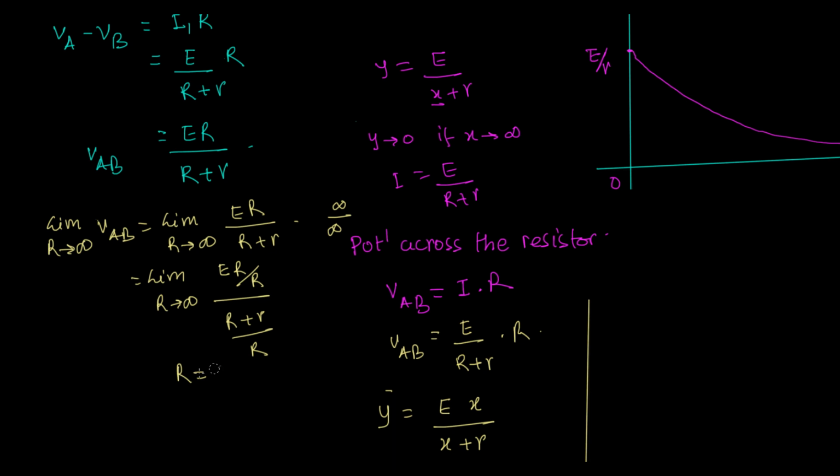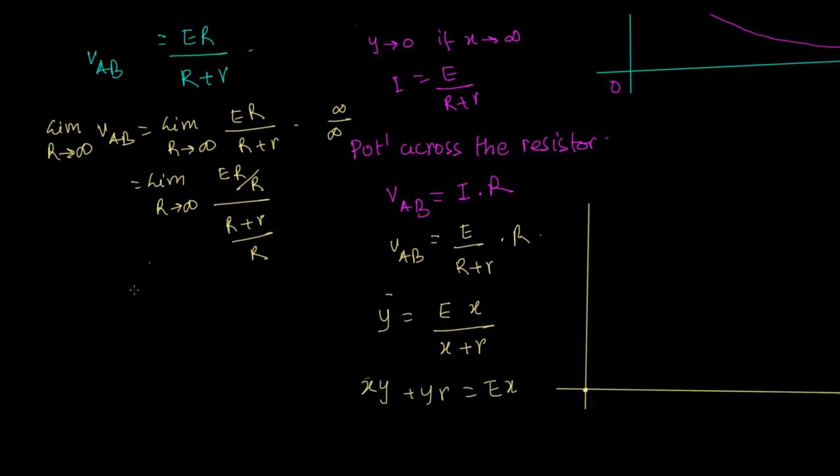Get the point? Now what does the numerator become? R upon R is 1, so the numerator is E. And the denominator becomes 1 plus r upon capital R, correct?